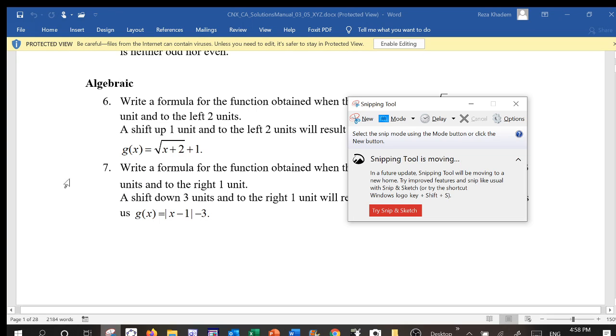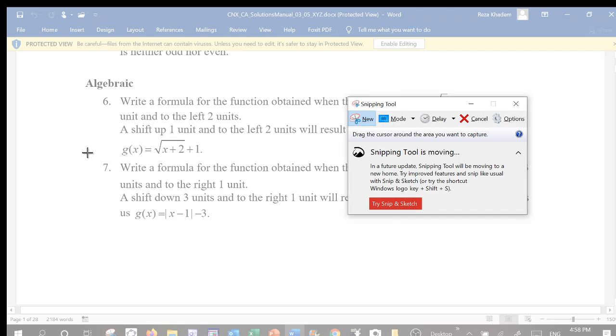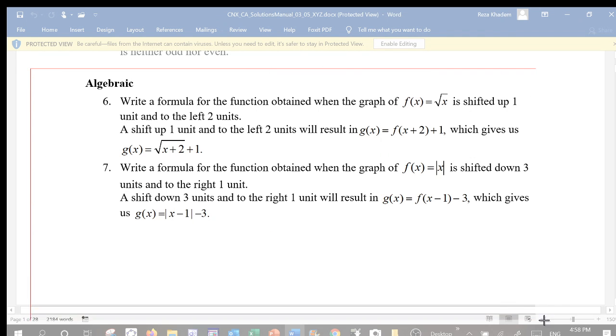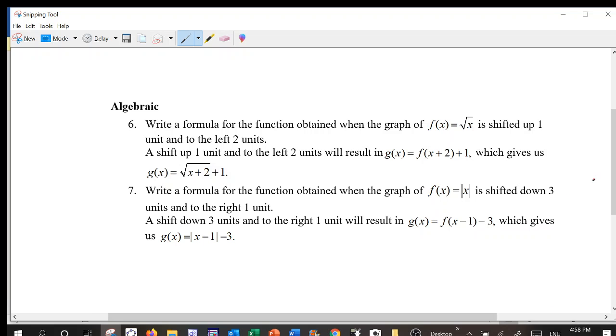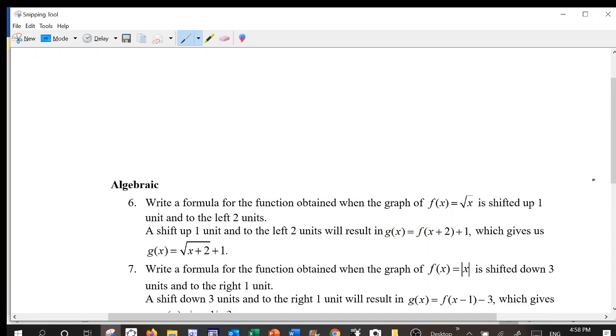So let me get a little white area I can write on. So what we want to answer is something like this. If we have a function, let's say f of x equals square root of x, this function.